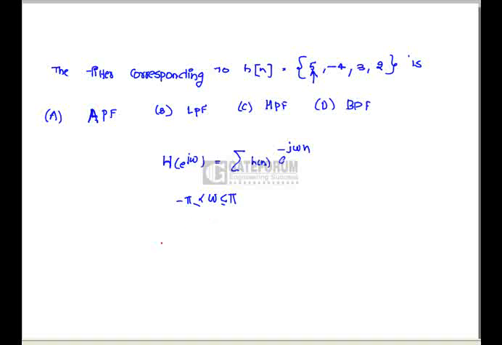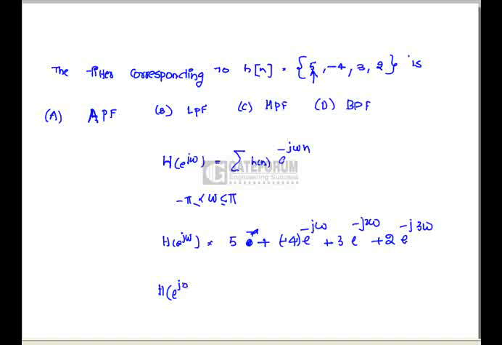So H of e power j omega equals 5 minus 4 e power minus j omega plus 3 e power minus j2 omega plus 2 e power minus j3 omega.